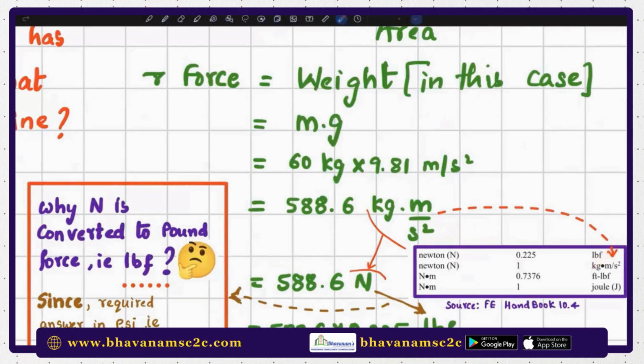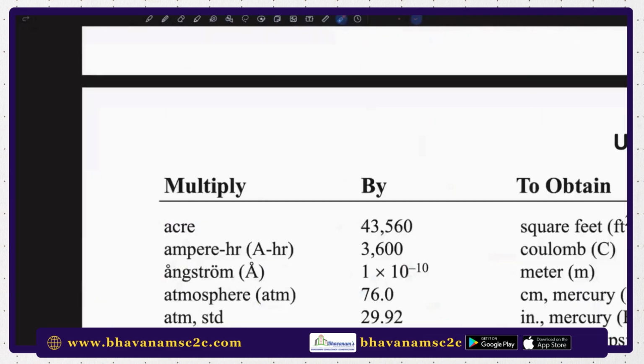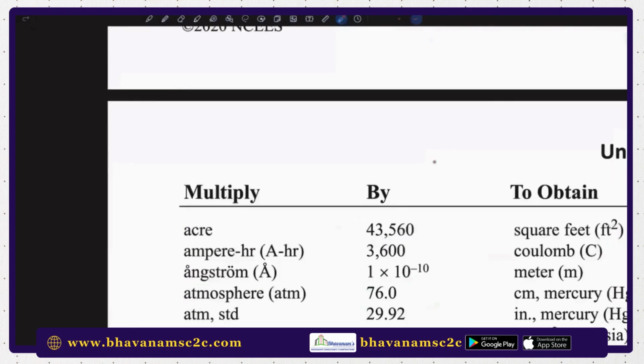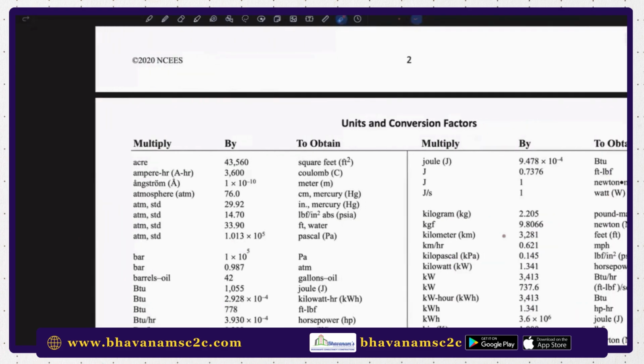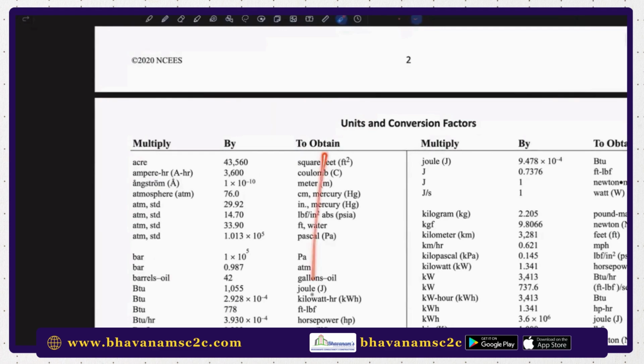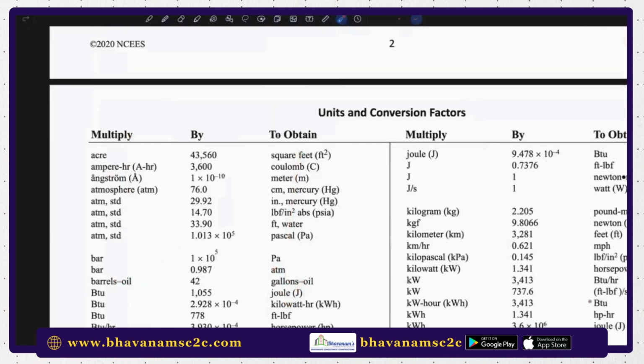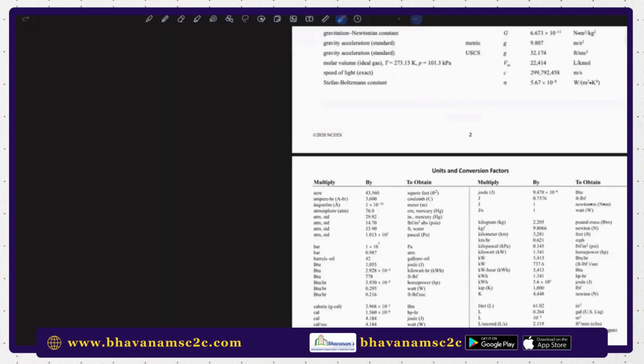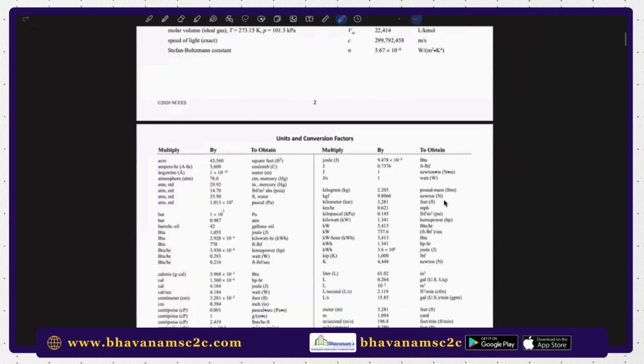So you need not worry again, I have taken it from the handbook. After you get this unit, go to the handbook. This is my handbook here. Just zoom in wherever you want and search for it. It can be on either side, so keep on checking, and you will come to know that it is somewhere here.